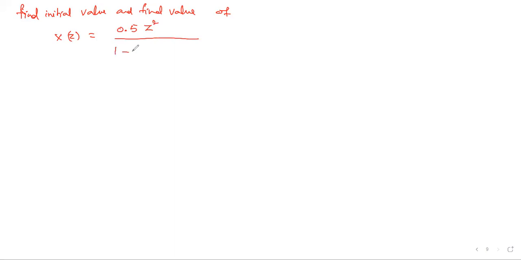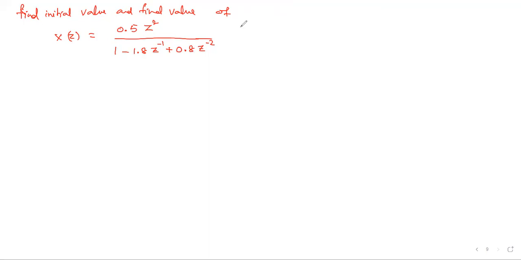Find the initial value and final value for the given problem. Find the initial value and final value of x of z is equal to 0.5 z square divided by 1 minus 1.8 z power minus 1 plus 0.8 into z power minus 2.